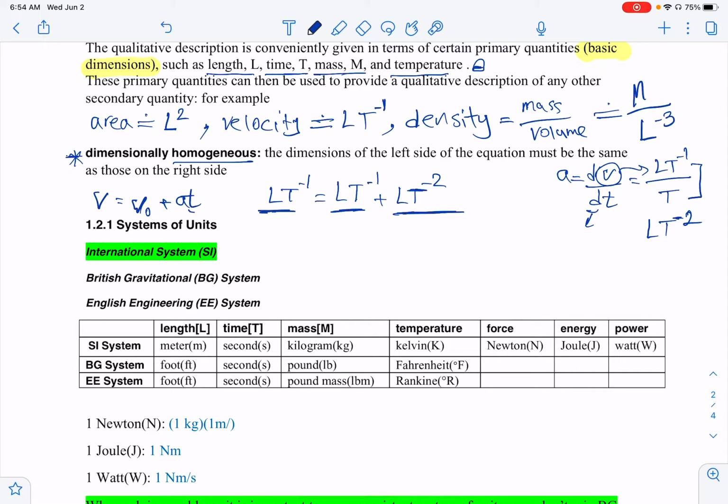So we have another t here, and if we simplify that, it's going to be L t minus 1, which is exactly as it is. So remember that the dimensions for these three should be the same.